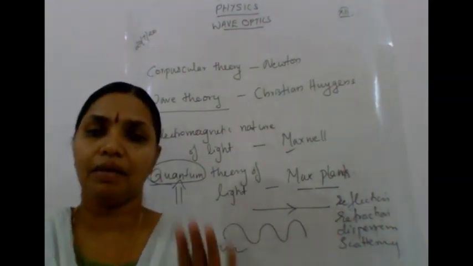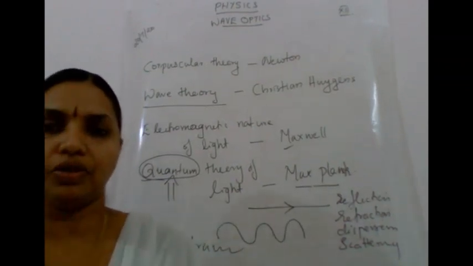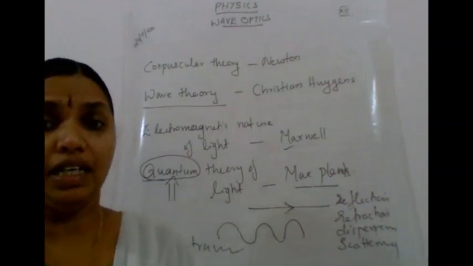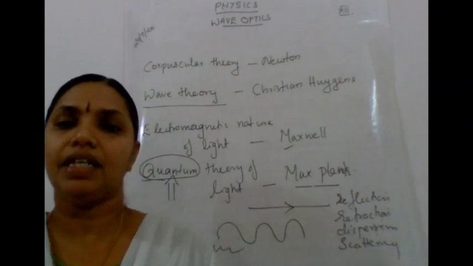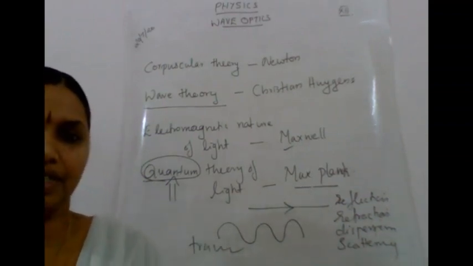Not only this, there are many characteristics shown by light that we can observe in our day-to-day life, that is, interference and diffraction. Interference, diffraction, and polarization also. So what is this interference?